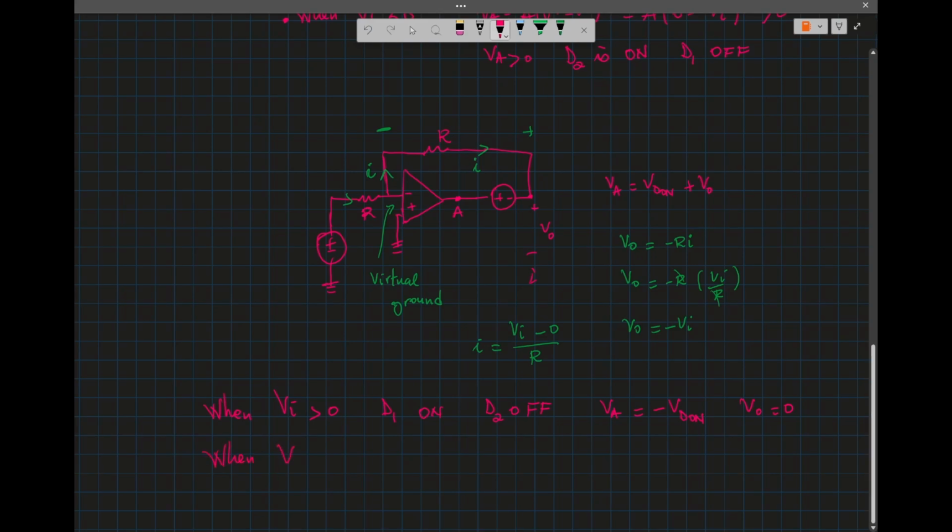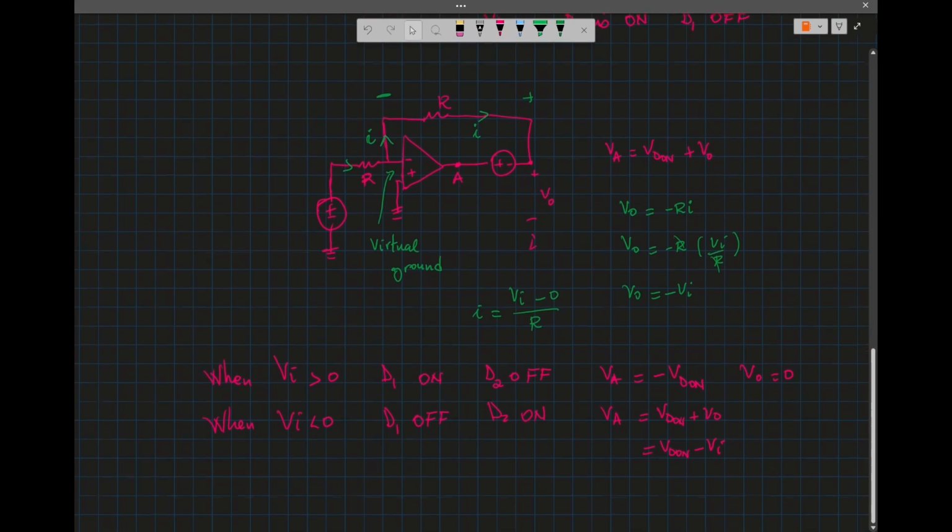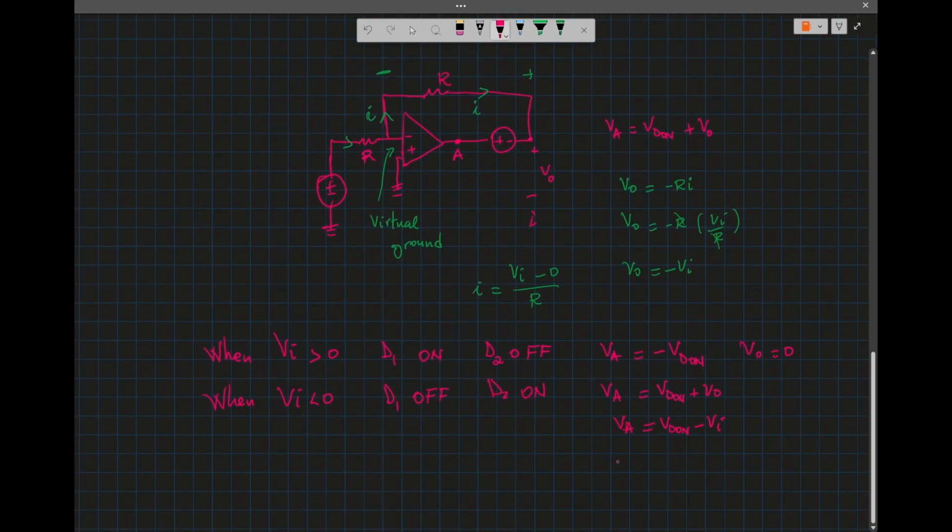When Vi is negative, D1 will be off and D2 will be on, and VA equals VD on plus V0, which is minus Vi. That's VA, and V0 equals minus Vi.